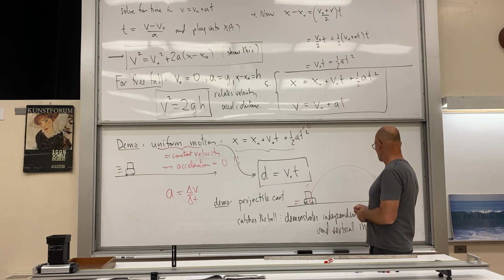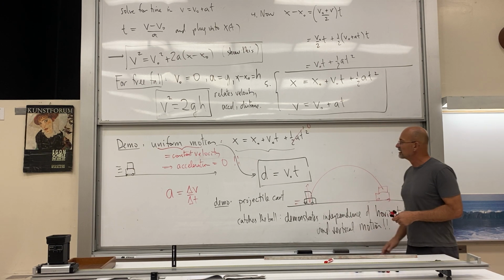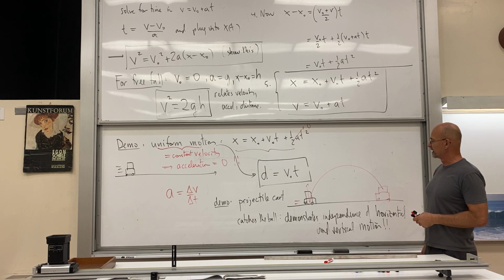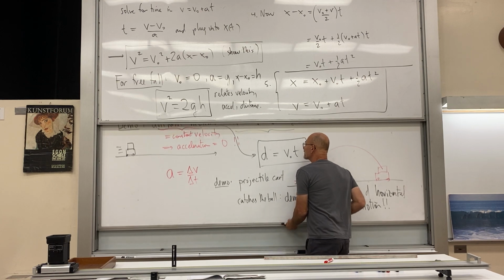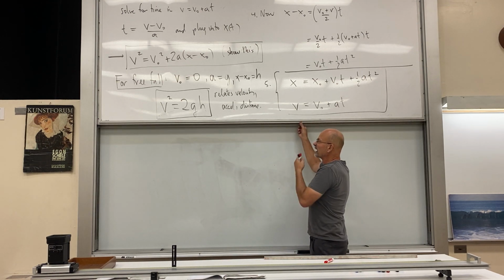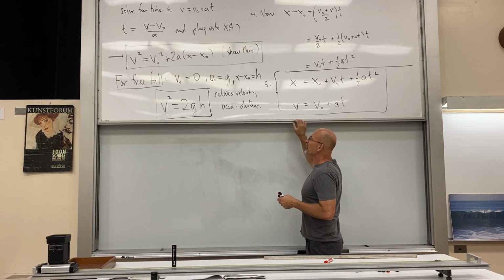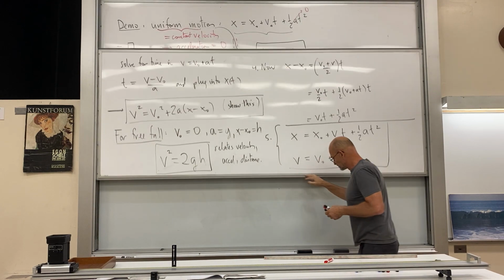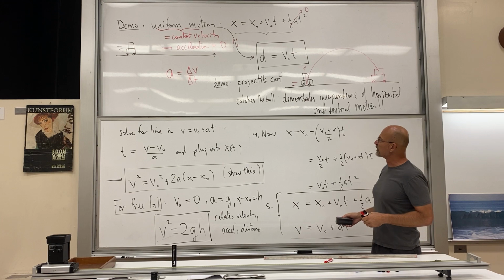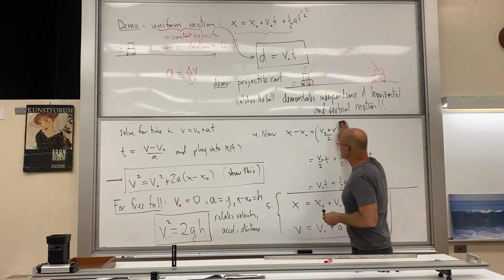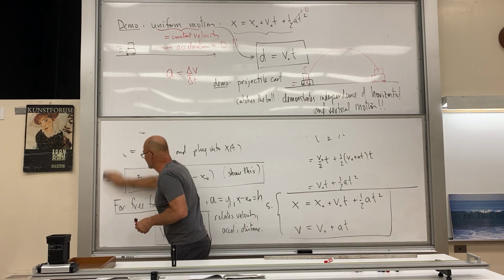Okay, yeah, we're pretty complete. Projectile cart, you can write down more if you want to, about it. Good. So now we're going to talk about satellite orbits, using only things that we've learned and demonstrated in this class.